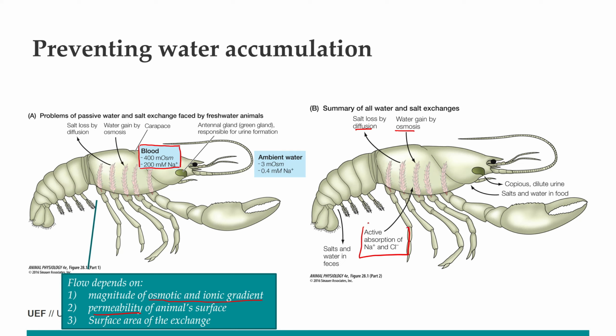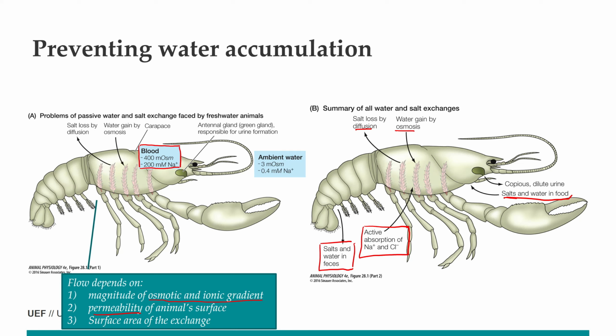So you can get sodium and chloride with the gills. You can also get salt in the food, and if you are regulating how much salt you are releasing in the feces, then you might prevent losing the salt.